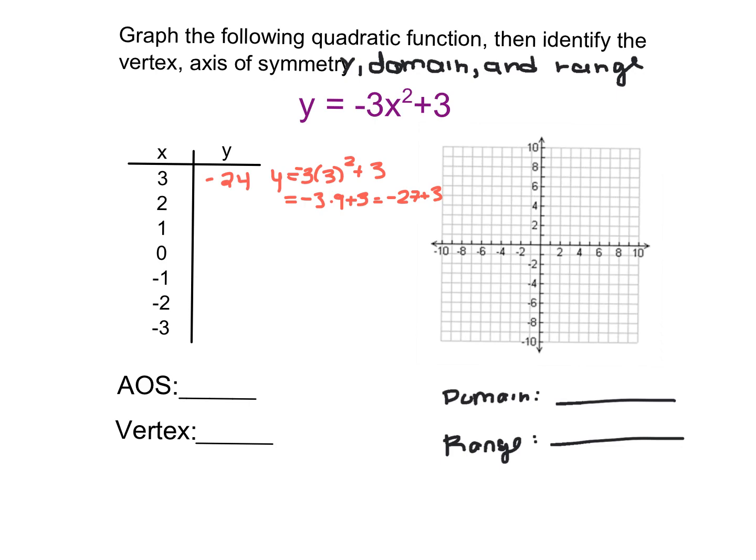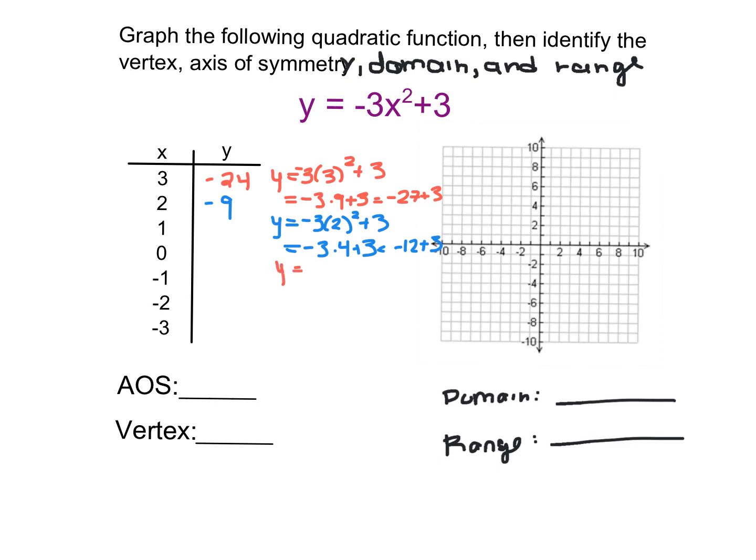My next point there would be y equals -3 times 2 squared plus 3, so that's -3 times 4, which becomes a -12 plus 3, which is -9.